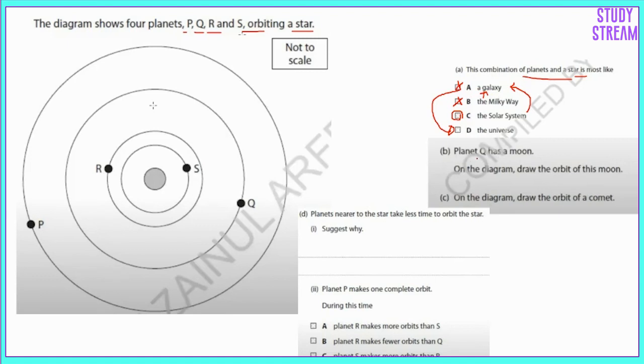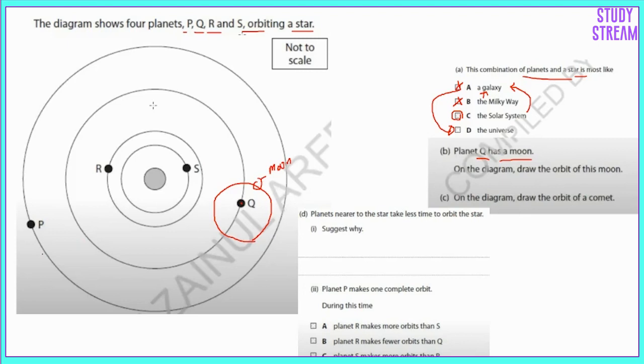Now, planet Q has a moon. Planet Q is this planet. On the diagram, draw the orbit of this moon first. Basically, you can sketch it orbiting in this fashion. Then you can say this is the moon for planet Q. Now on the diagram, draw the orbit of a comet.